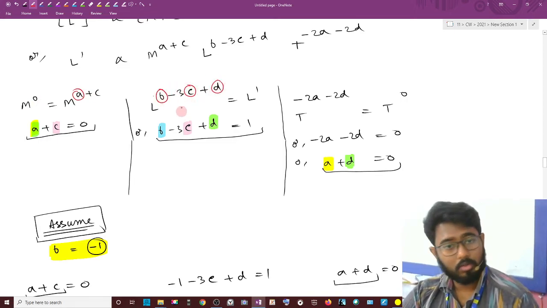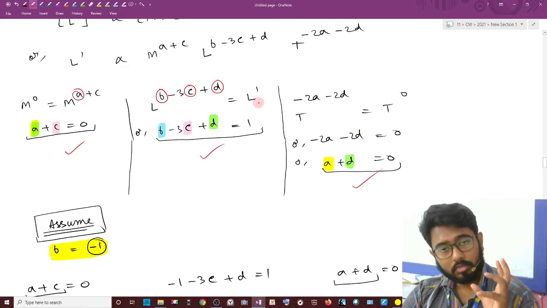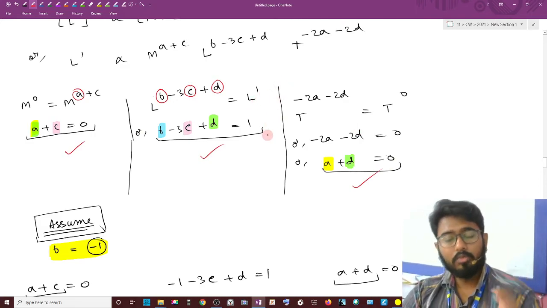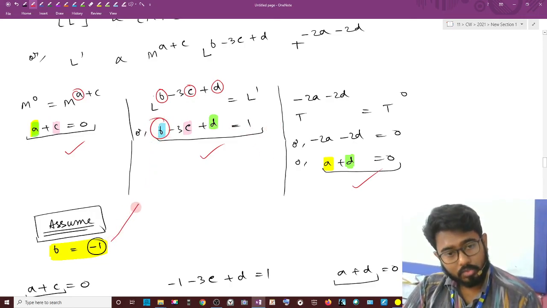Now you cannot find out 4 variables from 3 equations, it's not possible. To find out 3 variables you can have 3 equations, to find out 4 variables you need to have 4 equations. That's why we assumed b as minus 1.